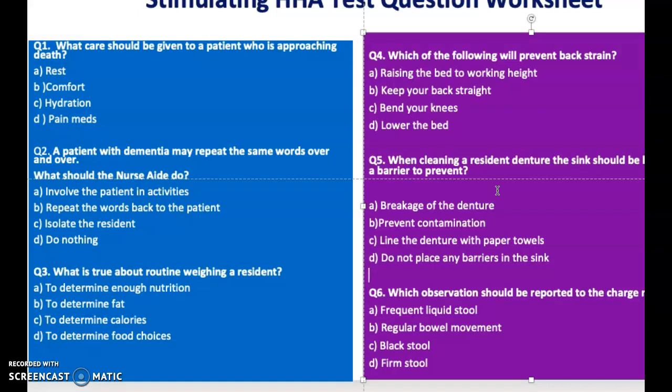By providing a barrier in the sink, if the denture falls, it provides a cushion so it doesn't break. Which observation should be reported to the charge nurse? Frequent liquid stools. So these are some questions on how to answer home health aide questions.